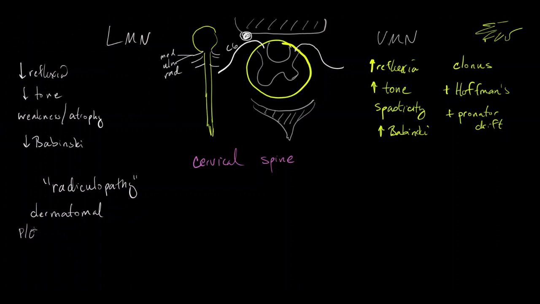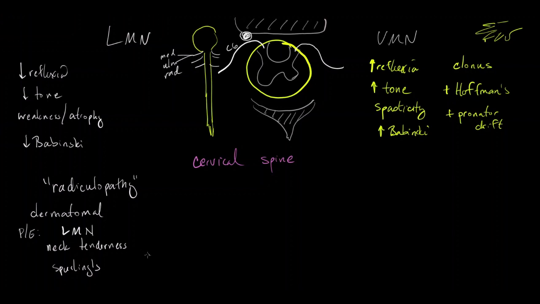On a physical exam, will you get upper or lower motor neuron lesion signs? Well, of course, you will get lower motor neuron signs: hyporeflexia, decreased tone, weakness, atrophy. In addition, you'll get signs that are specific for the neck or the cervical spine, one of which is neck tenderness. And one is a provocative exam for the cervical spine and cervical radiculopathy, which is called Spurling's.